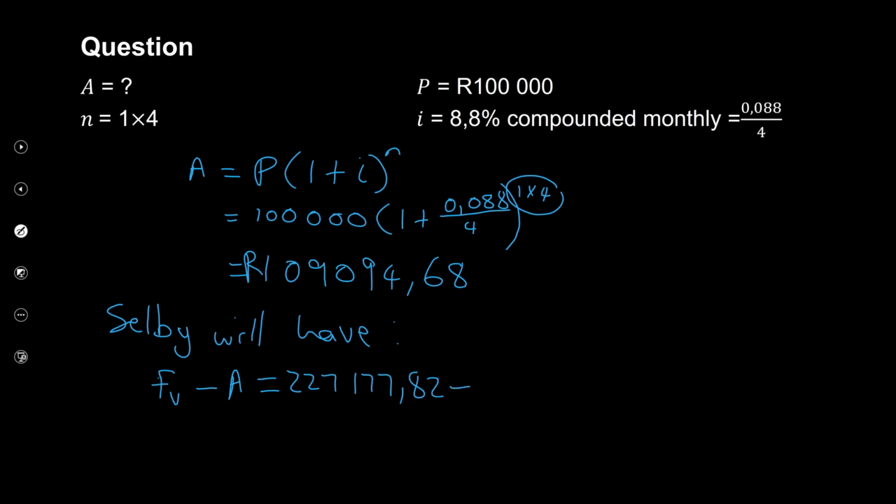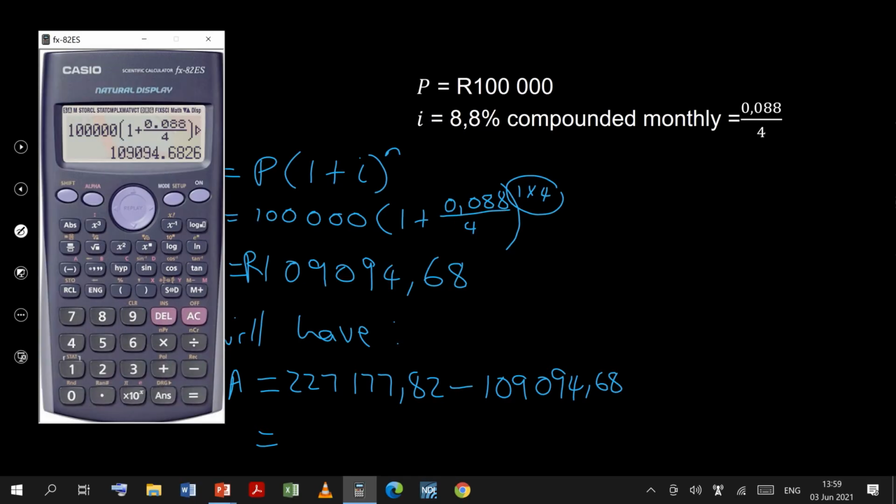Then from there, you're going to subtract the 109,094.68, and then you will find how much that is. To do that, I will just say minus 227,177.82. It's going to give me a negative.